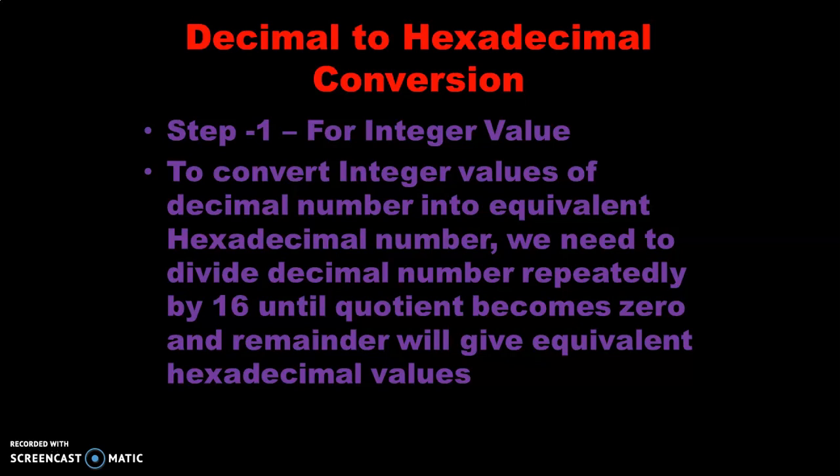So for integer values we go for repeated division, like when we converted to binary or converted to octal, right? In the same way in hexadecimal also we go for repeated division by 16 for integer decimal values.